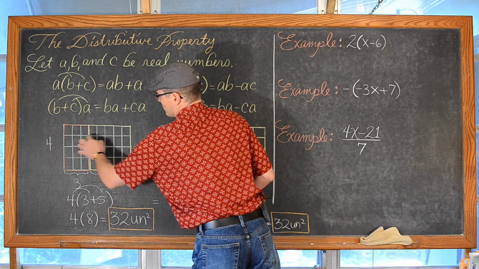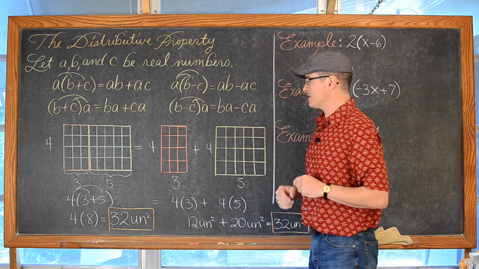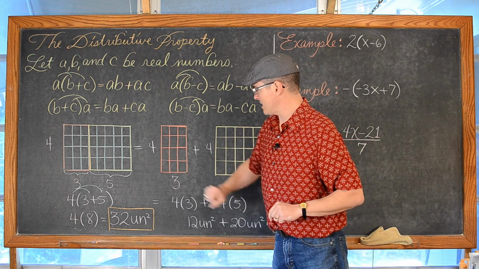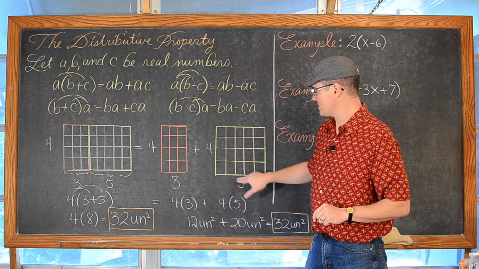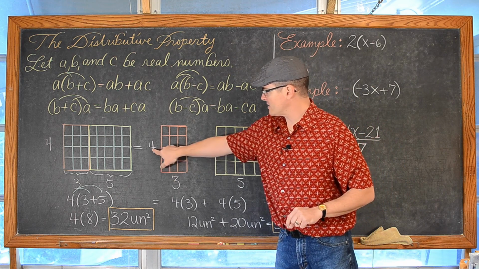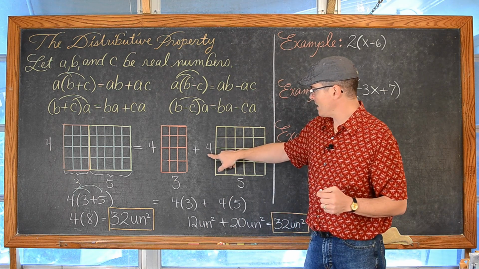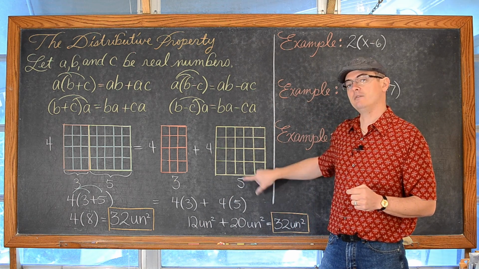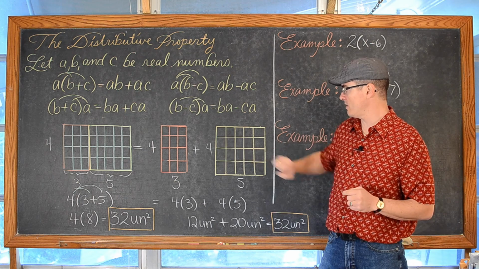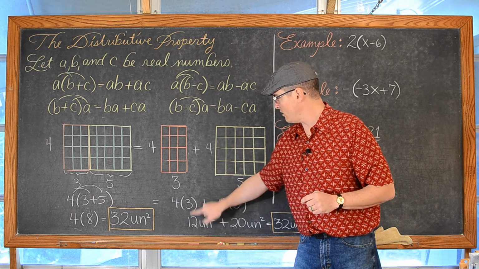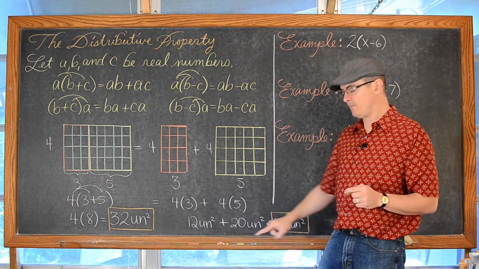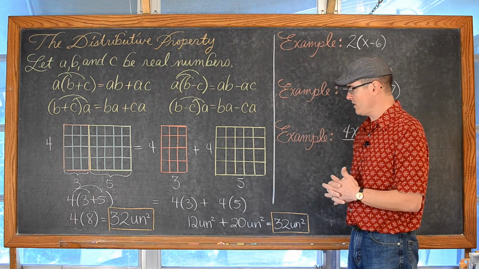Well, this is highlighted in red and yellow, and if I pull that apart, I have a smaller rectangle, which is 4 times 3, and another rectangle, which is 4 times 5. The area of the first is 4 times 3, which is 12 square units. And then I have another area of 4 times 5, and 4 times 5 is 20 square units. Well, this area of 12 plus this area of 20 comes out to an area of 32 square units.